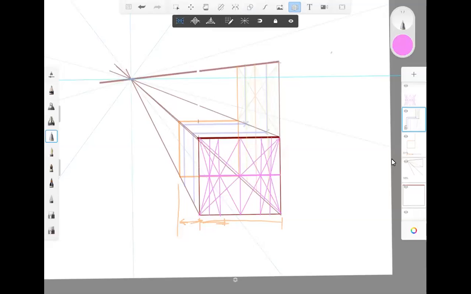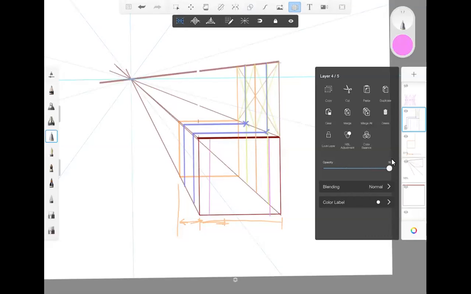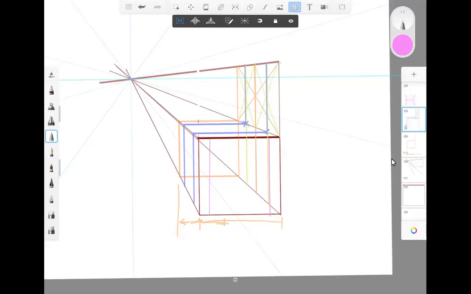That's important. There we go. So on a chair, if the seat of the chair is a square, the footprint of the chair will be a square.